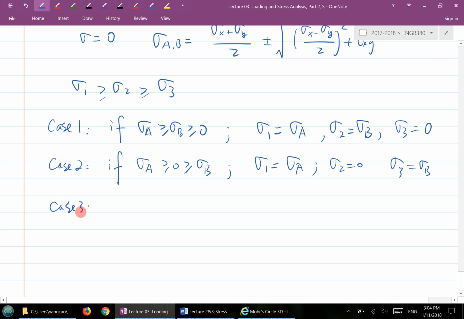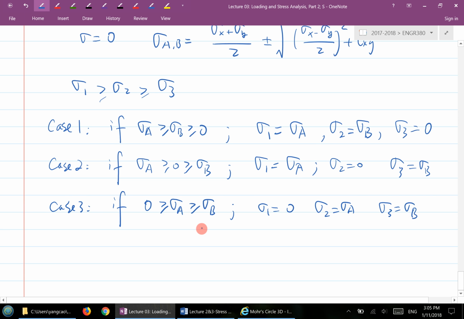And the last case is if 0 is greater than both sigma A and sigma B. Now your sigma 1 is 0, sigma 2 is sigma A, and sigma 3 is sigma B. Okay, so those are the three cases. That's the maximum number of cases that you could have.